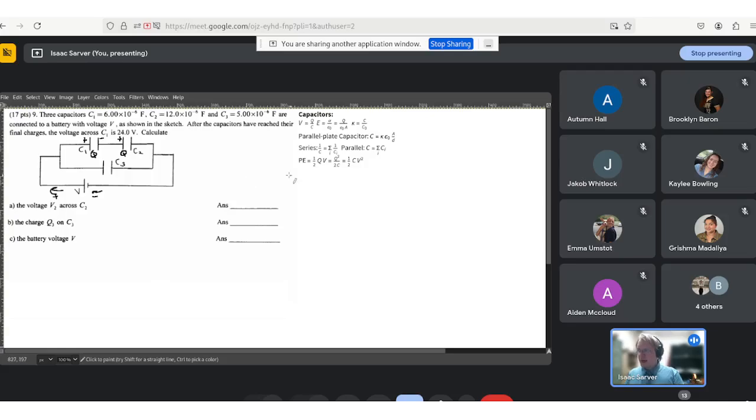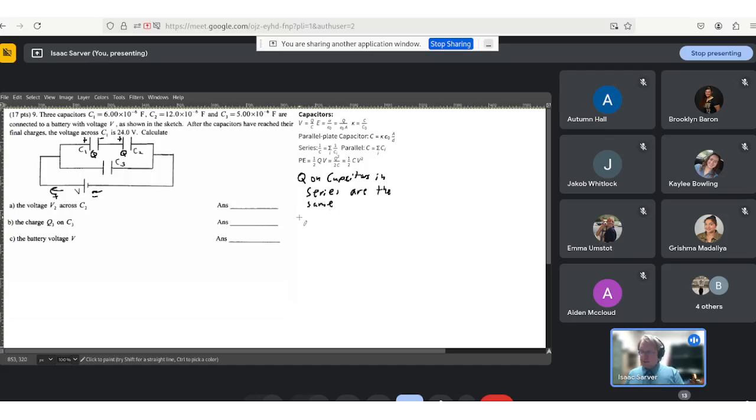So that means Q on capacitors in series are the same.